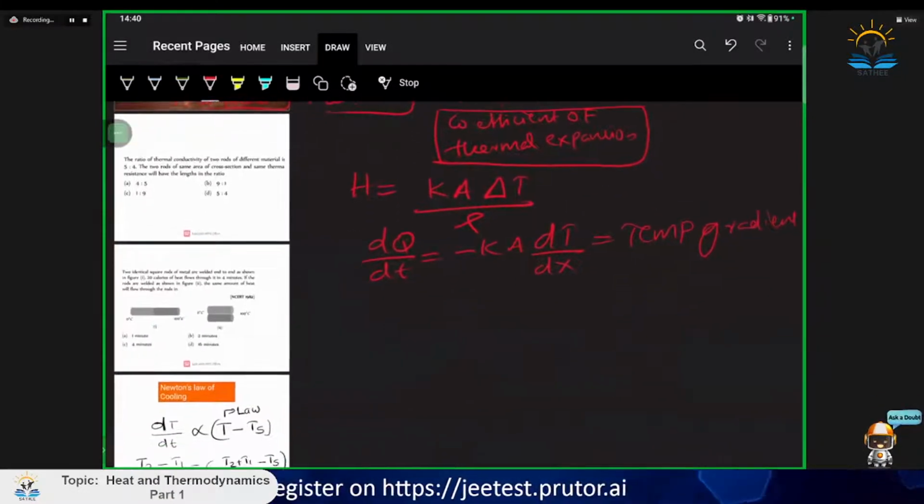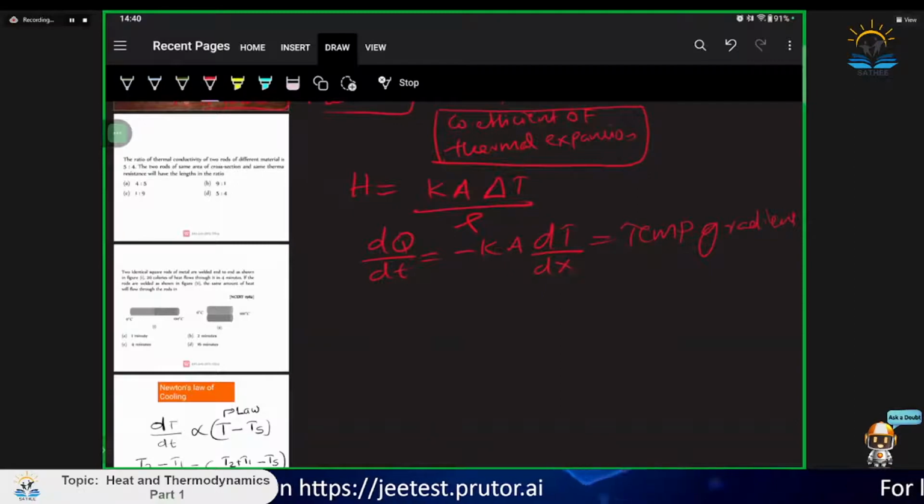One more thing you should know, that is thermal resistance.